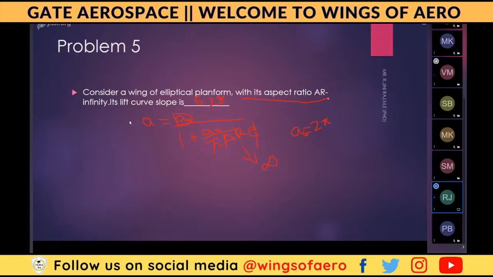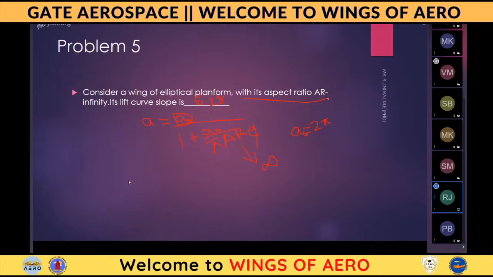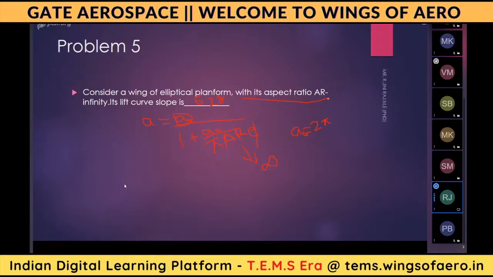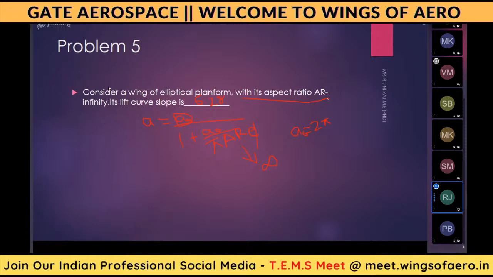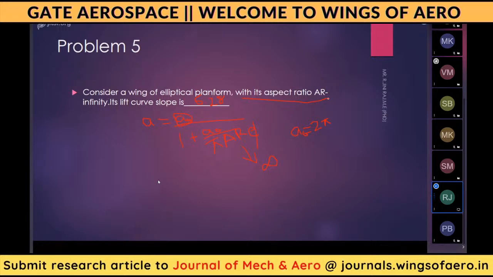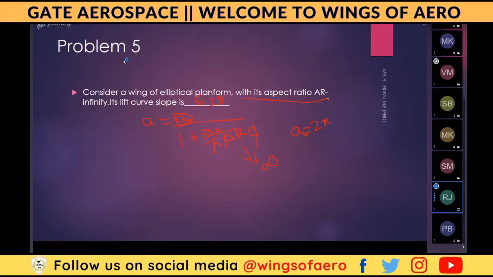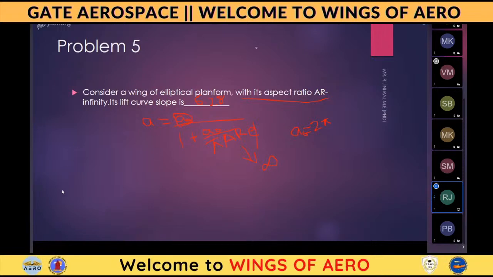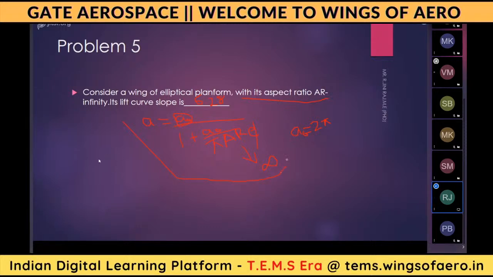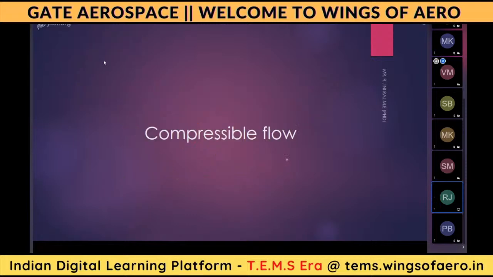Aspect ratio infinity represents the airfoil section only, so straight away you can write the answer as 2 pi. After substitution we also get the same value. I asked you to solve this for your understanding only.